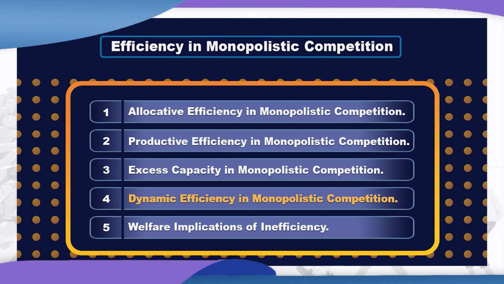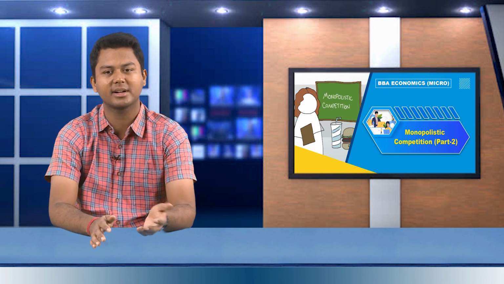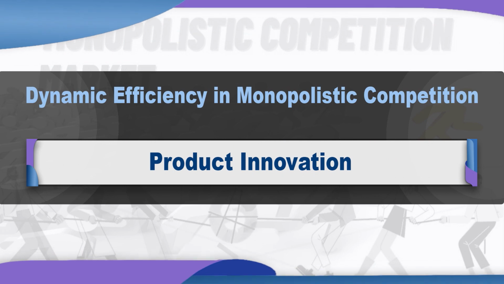Now let us look at dynamic efficiency in monopolistic competition. While monopolistic competition fails to achieve allocative and productive efficiency, it may exhibit dynamic efficiency, which refers to improvements in efficiency over time through innovation, better products and enhanced production processes. First is product innovation.